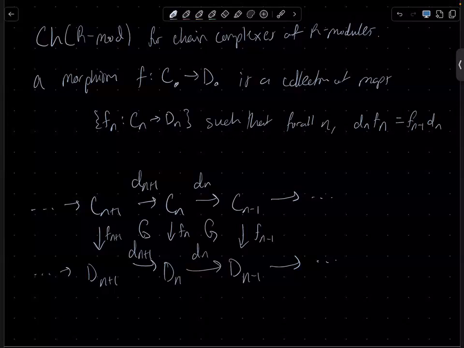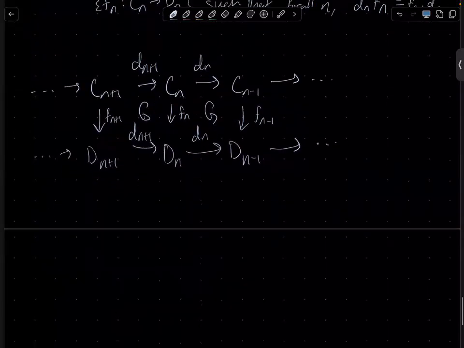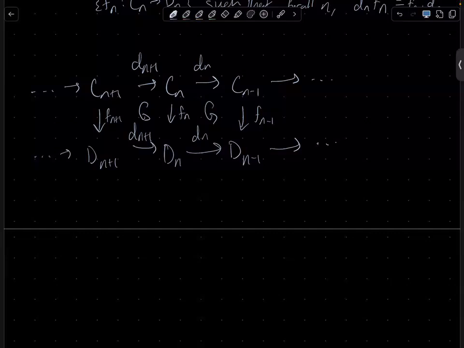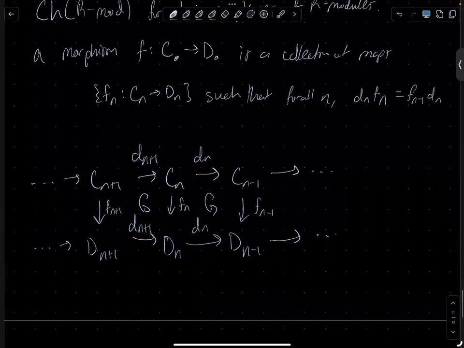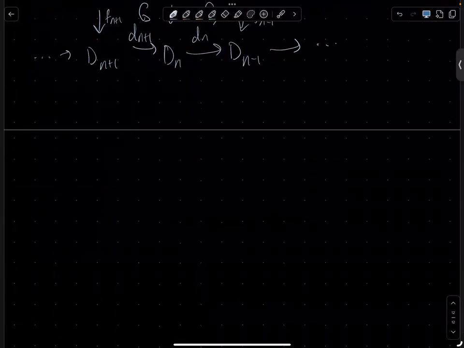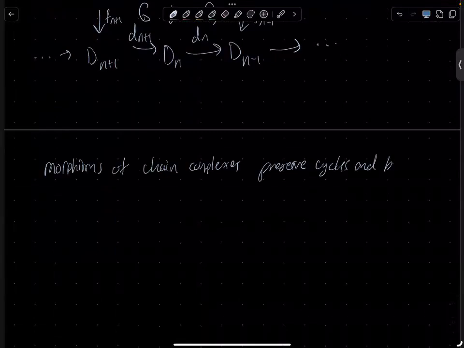So what does this actually buy us? Any morphism of chain complexes preserves the cycles and the boundaries. I should write this down carefully: morphisms of chain complexes preserve cycles and boundaries.